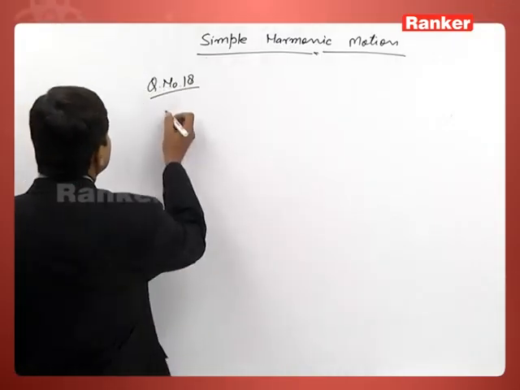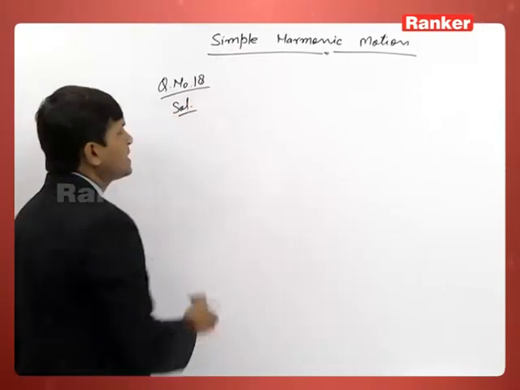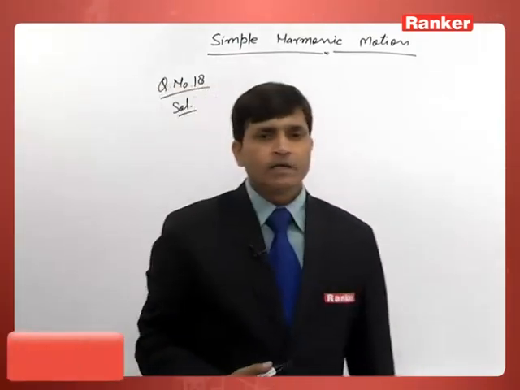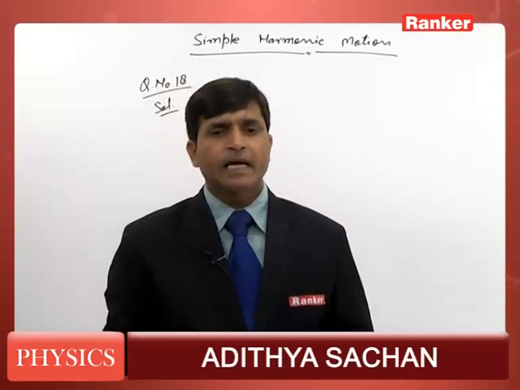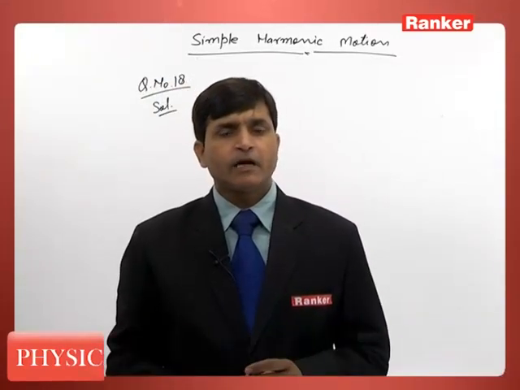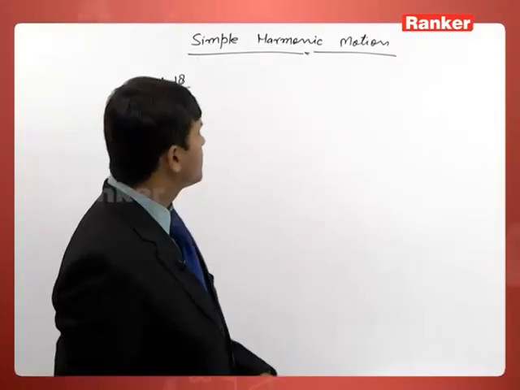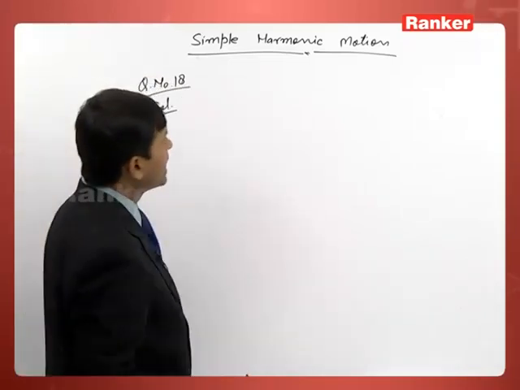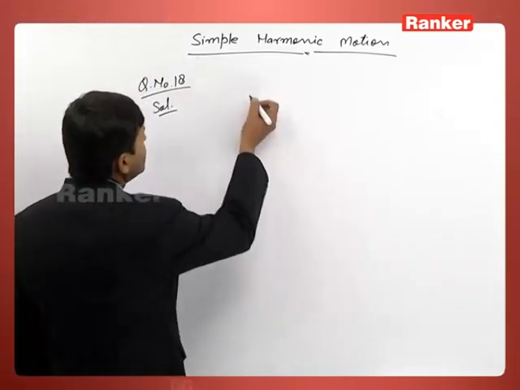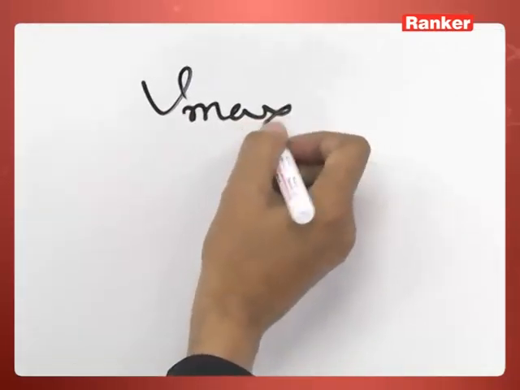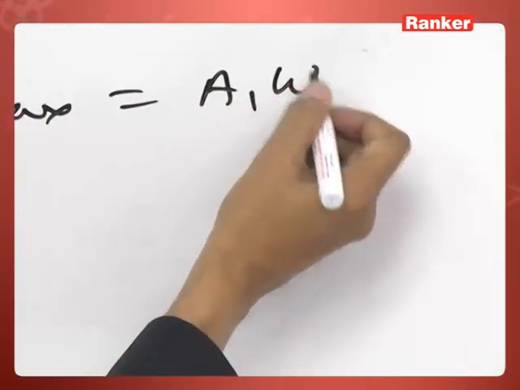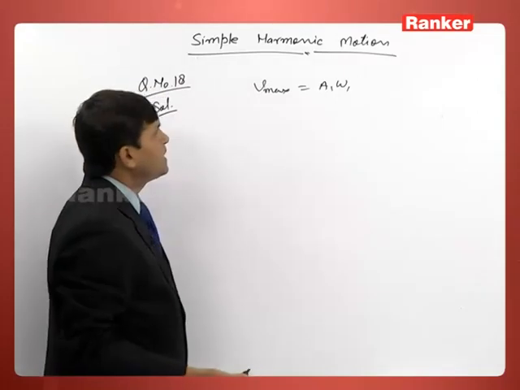So as per the given information, two bodies A and B of equal mass have their maximum velocities equal. When the body is performing simple harmonic motion, the maximum velocity of the particle is at the mean position, which is given as A omega.